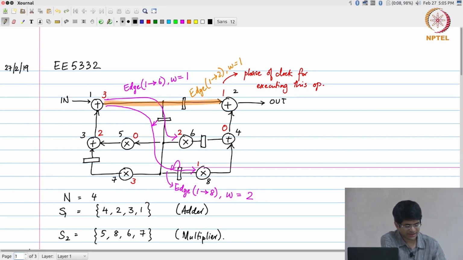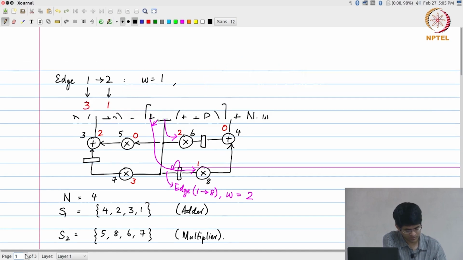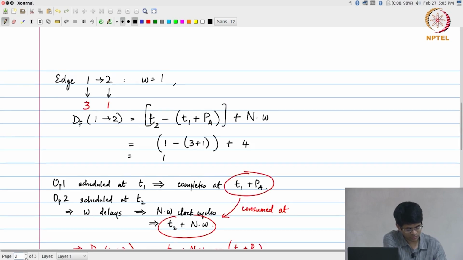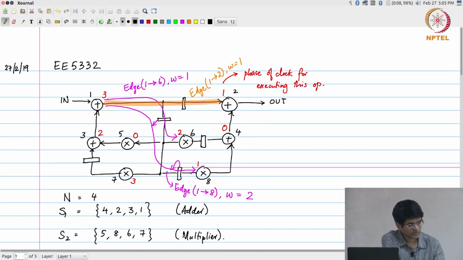So, let me just write that down for a couple of more edges just for clarity. For example, let's take node number 2 itself, find the other element that is leading into it, which is basically an edge from 4 to 2. So, DF in other words from 4 to 2 will be equal to the execution time of the target 2 is time 1, the number of delays on the edge is 0.